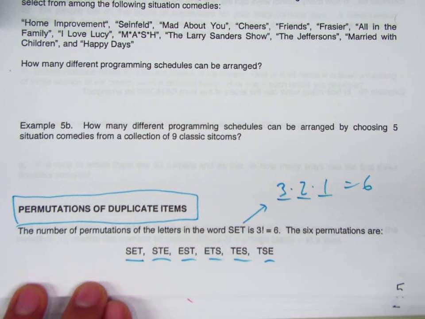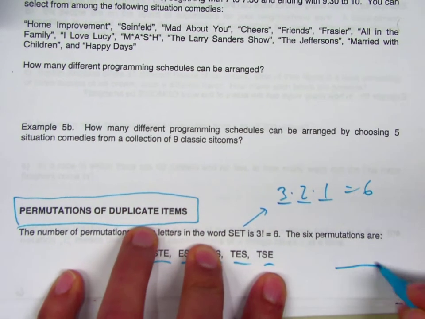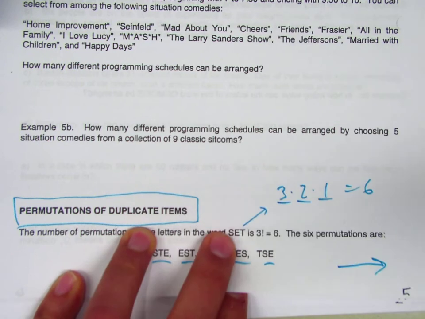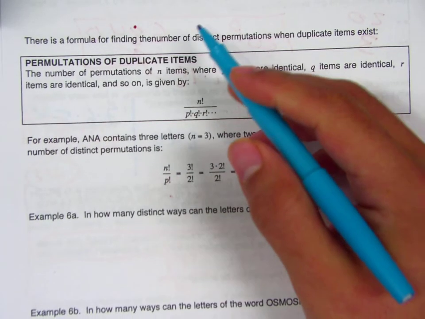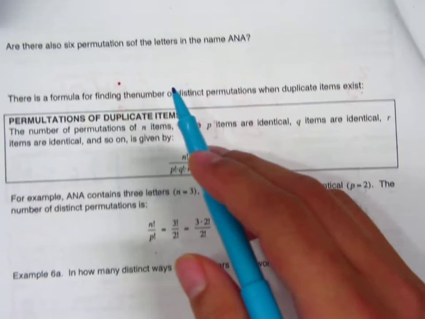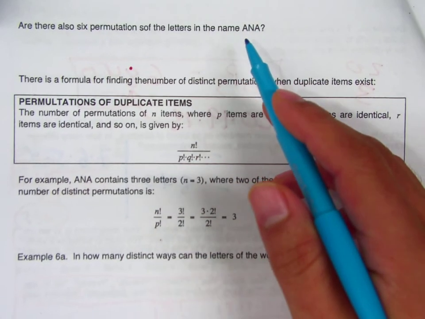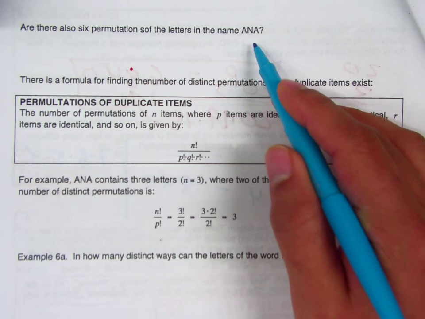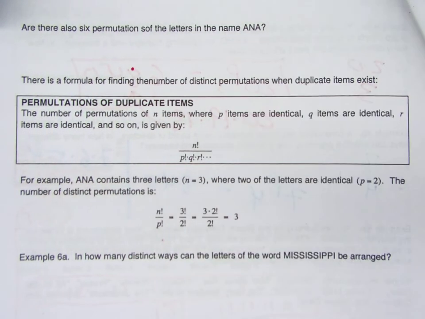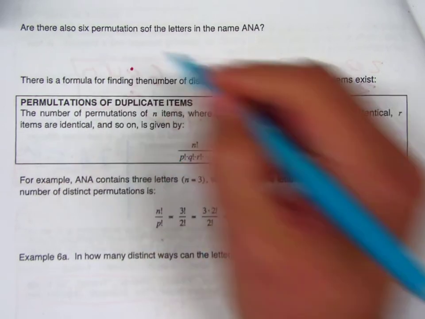Okay? But now what happens, let's turn the page, if we repeat letters? In other words, what if I have duplicate books, or duplicate items? See if you can just count. So we know there's going to be 6, but what are the 6 permutations? Can we find them? So take a minute.